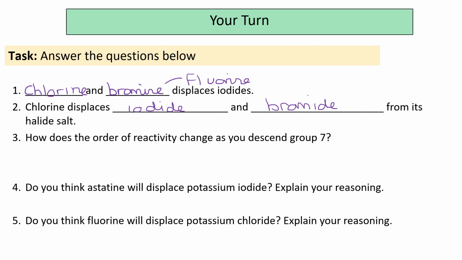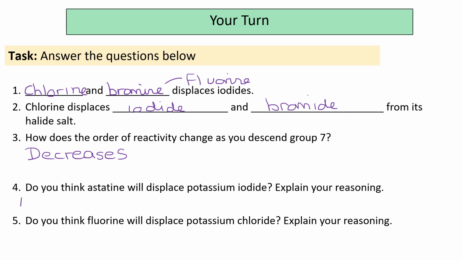How does the order of reactivity change as you descend group 7? So as we go down group 7, the reactivity decreases. It's the opposite to group 1. Do you think astatine will displace potassium iodide? Explain your reasoning. Well, astatine is found very near the bottom of group 7. It is below iodine in the reactivity series, so therefore it will not displace potassium iodide.